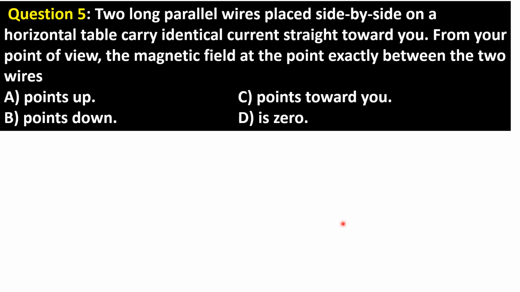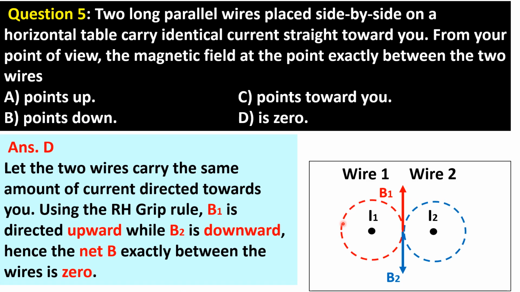So we are again talking about the concept of Fleming's law. It says here that the answer is letter D, 0. Why is this equal to 0?